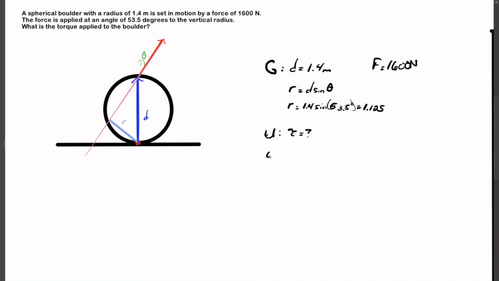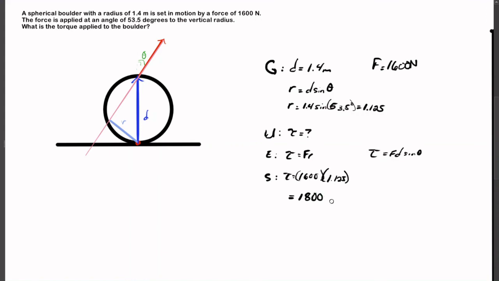And so the equation is going to be, since we already solved for r, we can use the simpler version, tau equals Fr. Right? If we didn't do that, we'd have to do it all together. So tau equals F d sine theta. When we plug our numbers in, tau, we get 1,600 newtons times 1.125, etc. And then we key that into the calculator, and we get 1,800 and change.